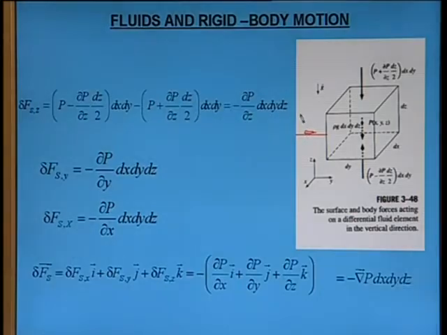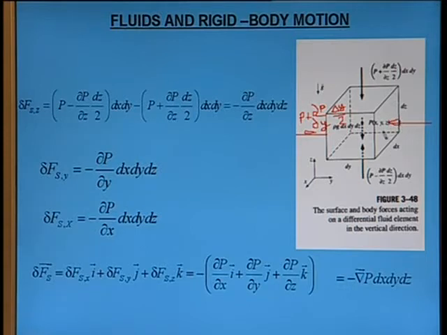So, if we want to write the pressure on this side, then it will be equal to P plus del P over del y, which is the gradient in y direction, multiplied by delta y divided by 2, and we are removing the higher order terms. Similarly, we can find out the pressure on the right hand side of the face.